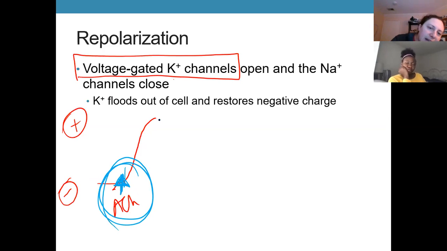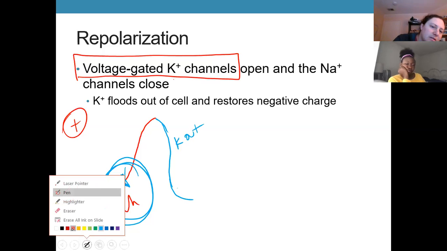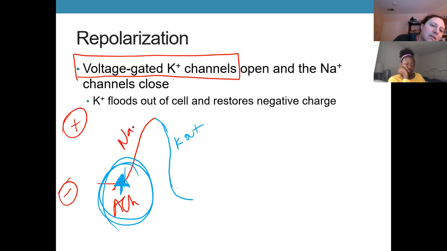And so once the potassium ones open, now potassium is going to exit the cell, and that's going to cause the charge to become negative again. So we call that part repolarization. And the sodium coming in is depolarization.